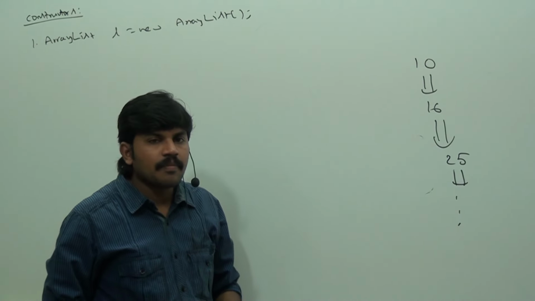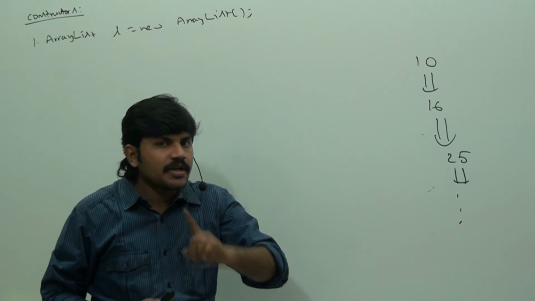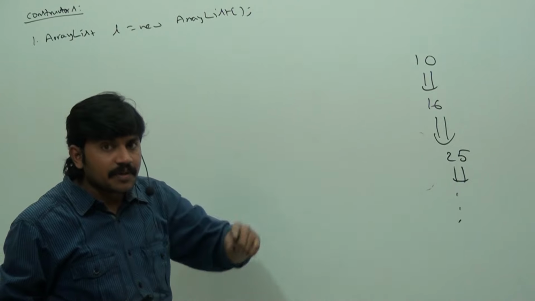Are you getting it? That's why we should create a big ArrayList object with the required capacity at the beginning only.